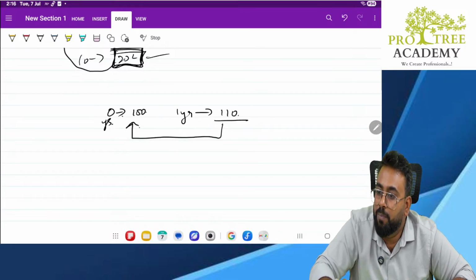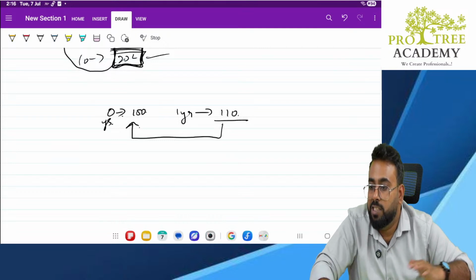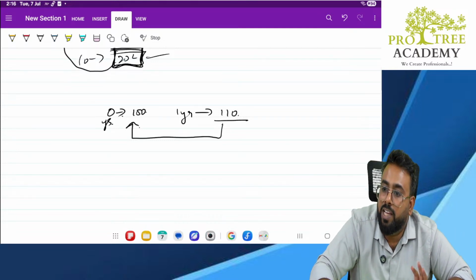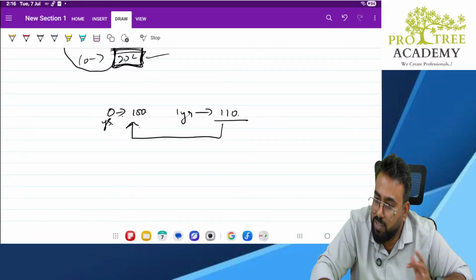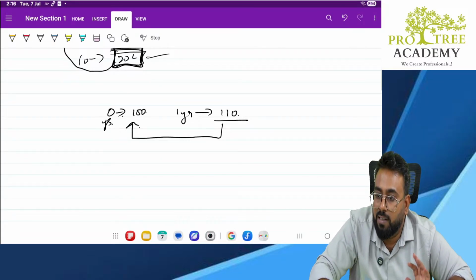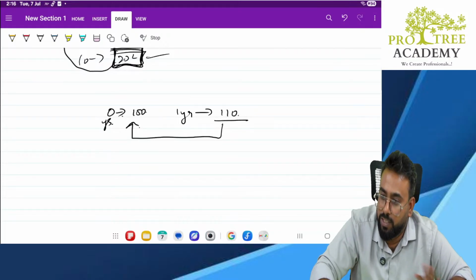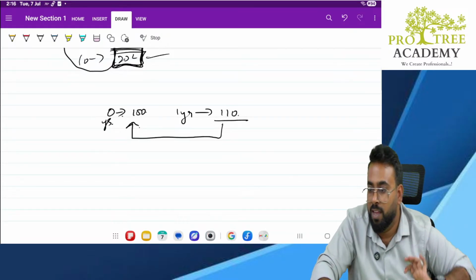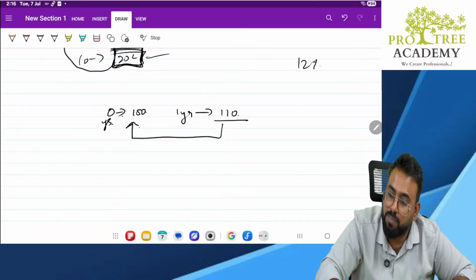That is why we keep money in fixed deposits. Correct or no? Why? To adjust against inflation. Bank is not giving you simply interest, sir. They are giving interest because your money's value is decreasing. They know that. And of course, they will also use the money to give loans and earn more than what they give you. A bank will charge 12 rupees interest, but they will give you.